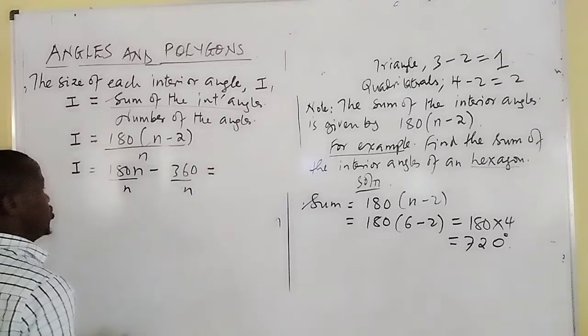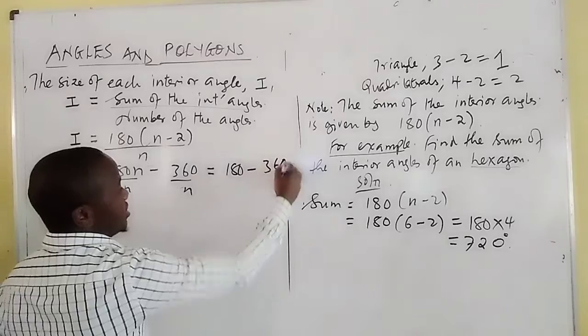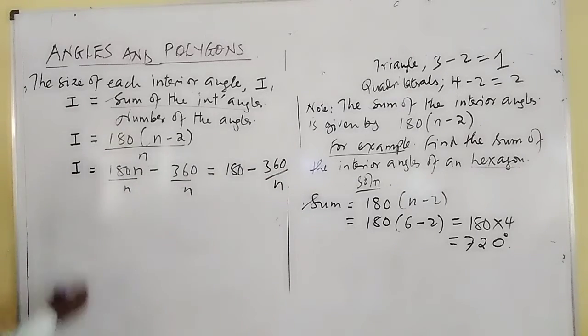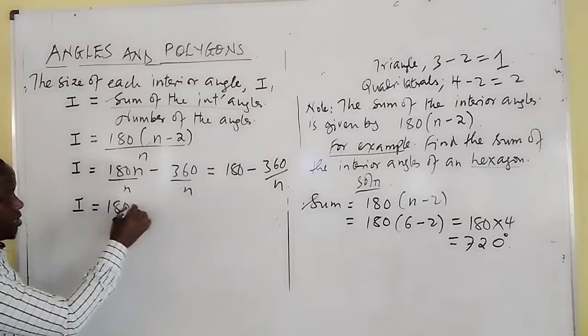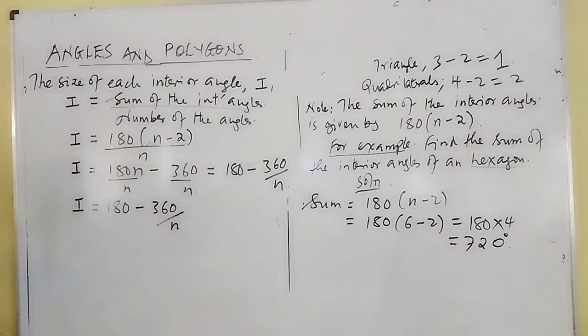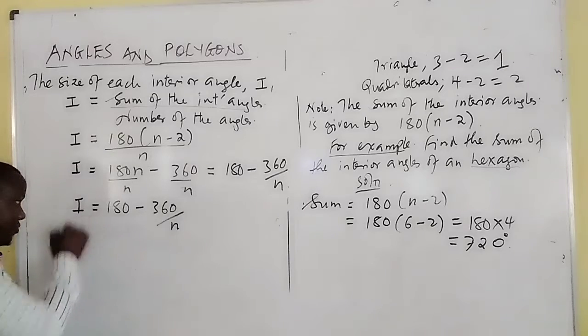So 180 minus 360 all over n. Therefore, to get the size of an interior angle, we take 180 and subtract 360 all over n, where n is the number of sides.